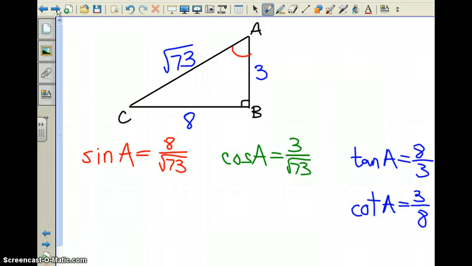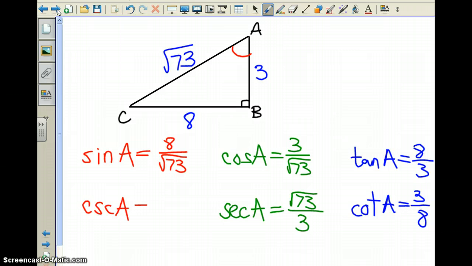The cosine of A is 3 over radical 73, so the reciprocal, secant of A, would be hypotenuse over adjacent, or just taking my cos and making the reciprocal, radical 73 over 3. And then the reciprocal of sine is called csc, or cosecant. And the reciprocal of that will be hypotenuse over opposite, or radical 73 over 8.